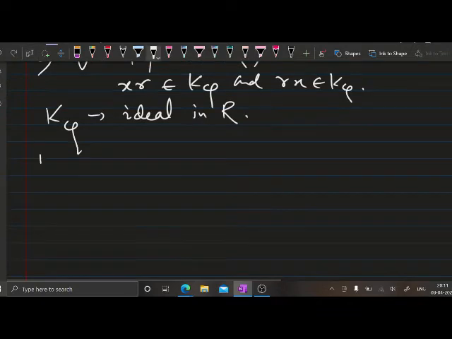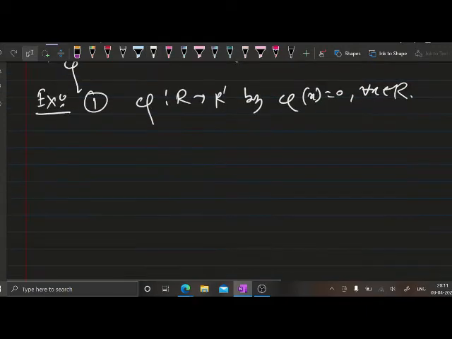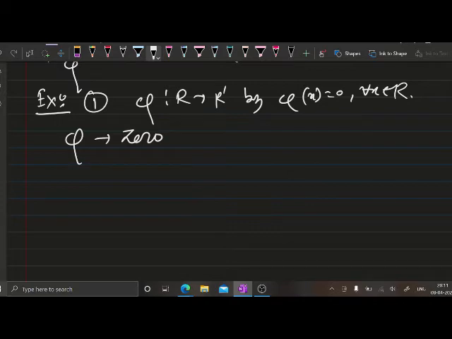Now let us have a look at some examples. Firstly, you can have the example of a ring homomorphism phi(x) goes to 0 for all x. This is evidently a ring homomorphism, and this is called the zero homomorphism, right?